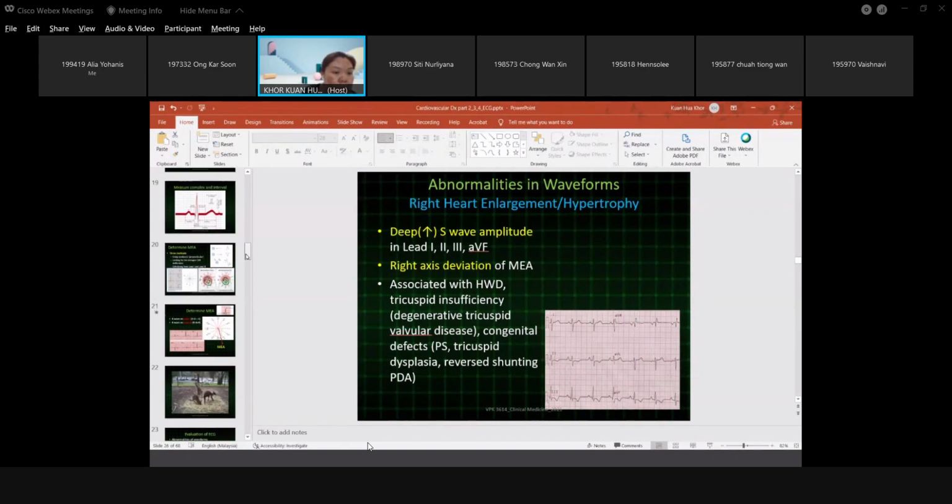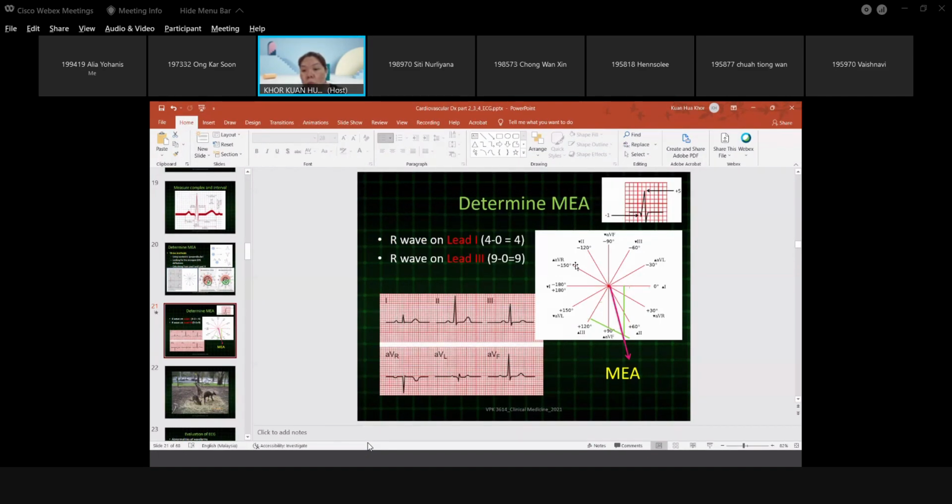When you say it's right axis, what's going to happen is the mean electrical axis will point towards here. So when they do the calculation, they come over here, and the mean electrical axis will point towards here.